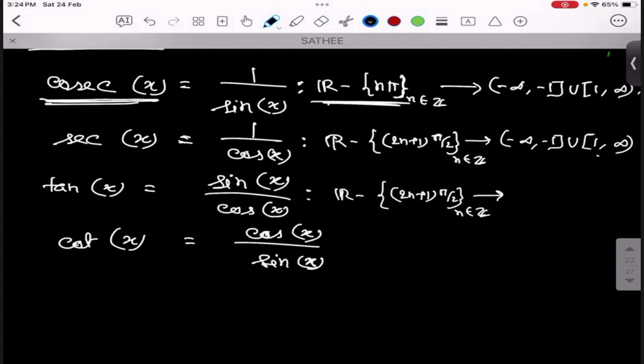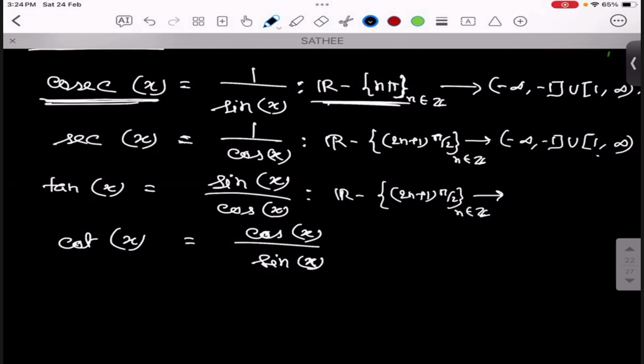Now what about the range? Whenever we have sin x by cos x, just check these things. Tan x can be written as the multiplication of sin x and sec x. Now sec x has a range from minus infinity to minus 1 and 1 to infinity, and sin x has a range from minus 1 to 1.